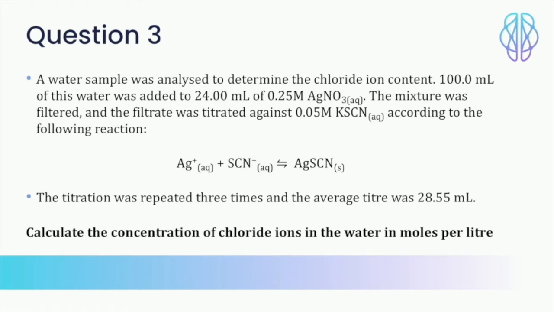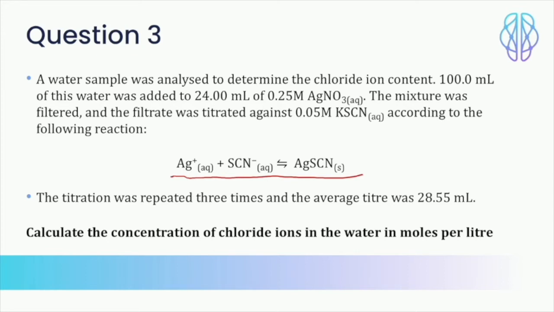So this is what happens with the excess silver from the silver nitrate and the thiocyanate anion, and that gives you silver thiocyanate. The titration was repeated 3 times and the average titer was 28.55 milliliters. Calculate the concentration of chloride ions in the water in moles per liter.